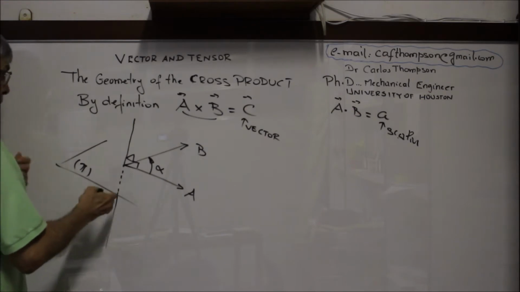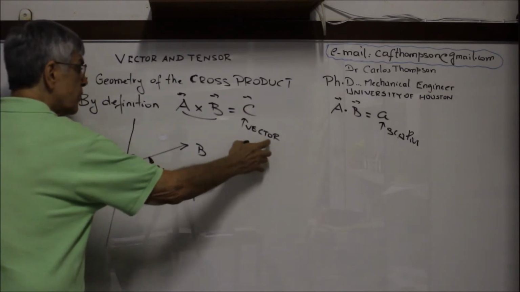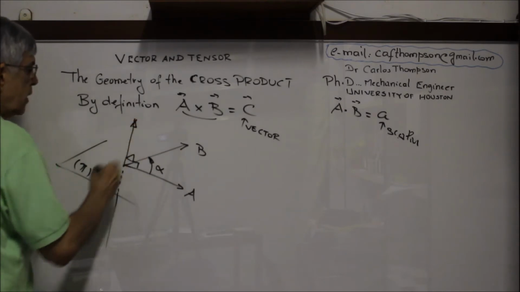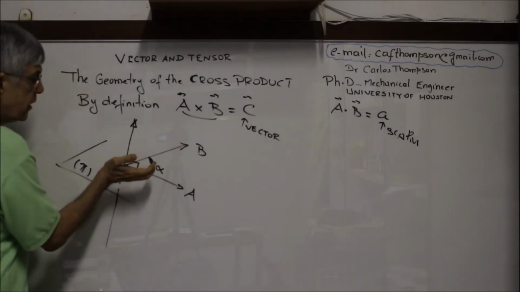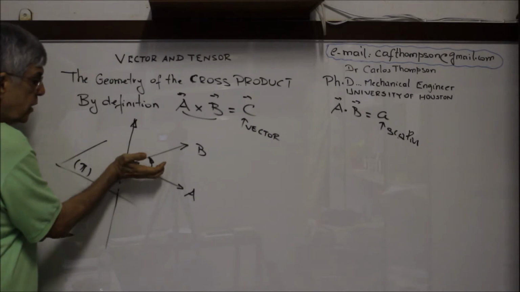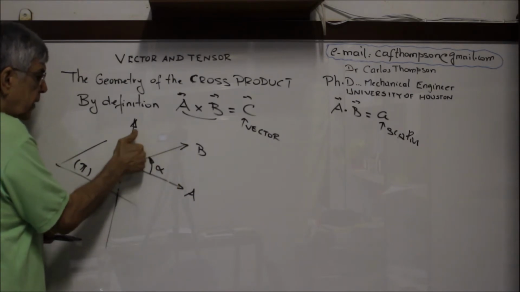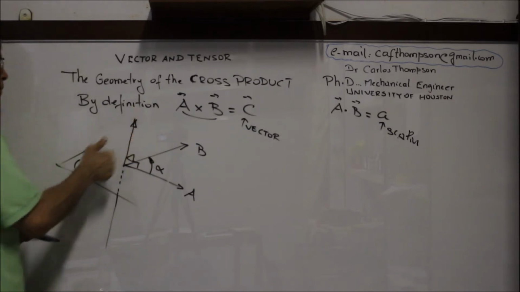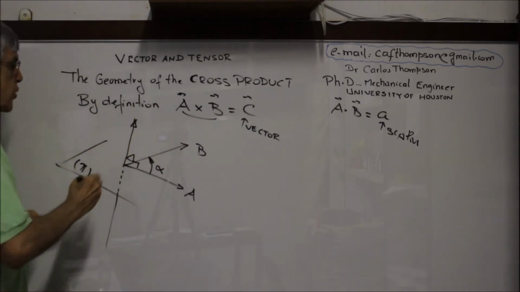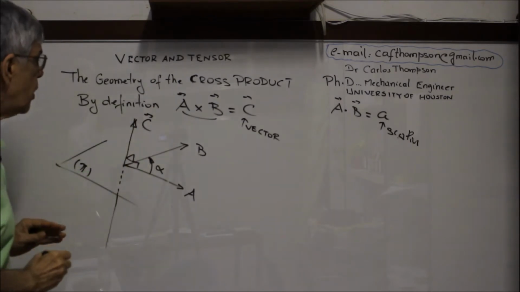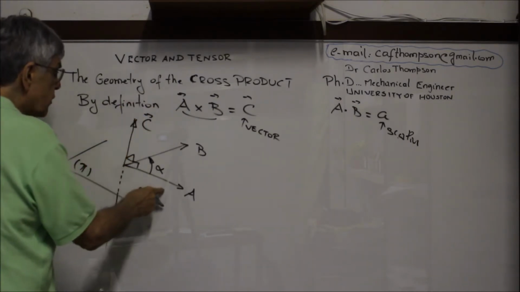Now, what is the direction by definition of vector C? You just use the right hand rule. You rotate from A to B, and this is the direction of vector C.